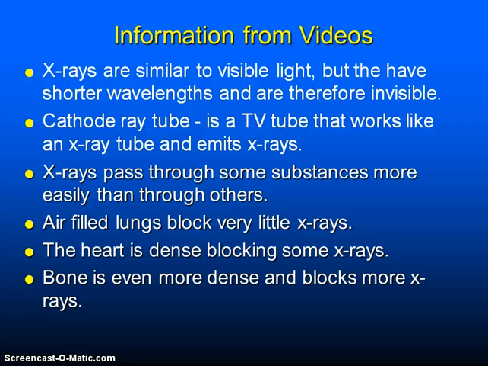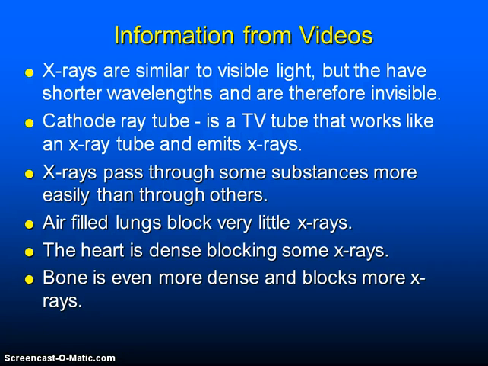When you watch the videos, please look out for this important information. X-rays are similar to visible light but have shorter wavelengths and are therefore invisible. A cathode ray tube is a TV tube that works like an X-ray tube and emits X-rays.